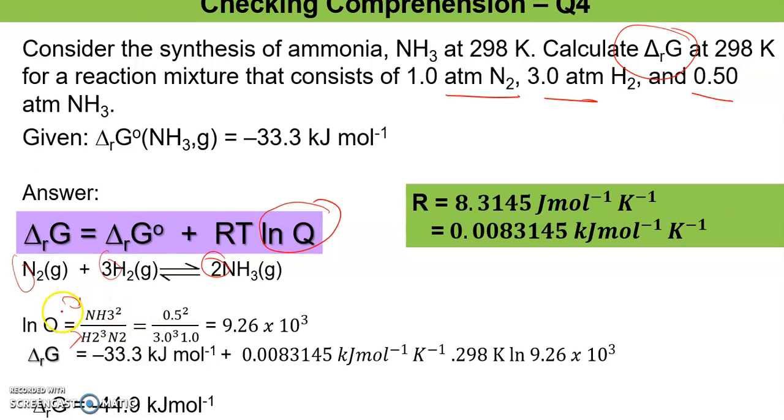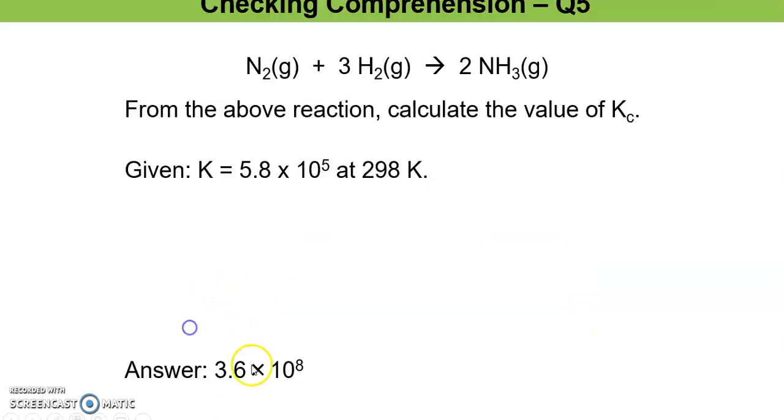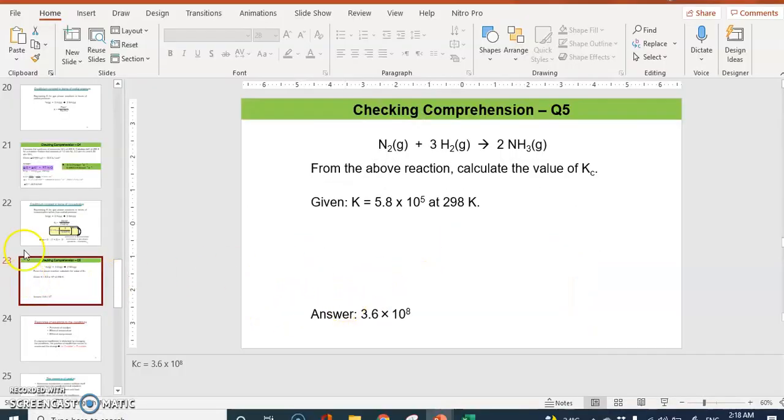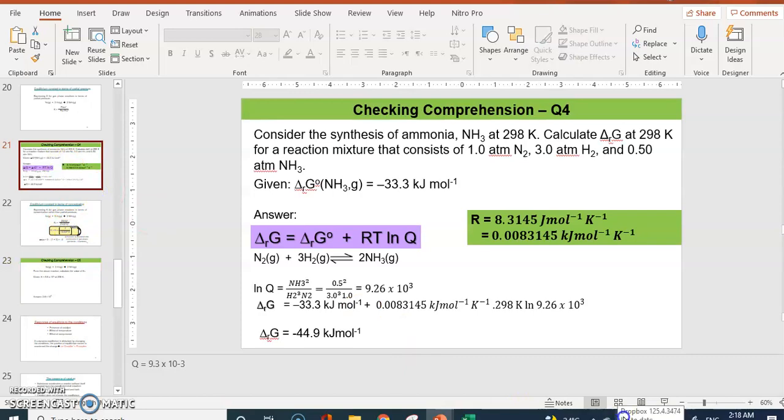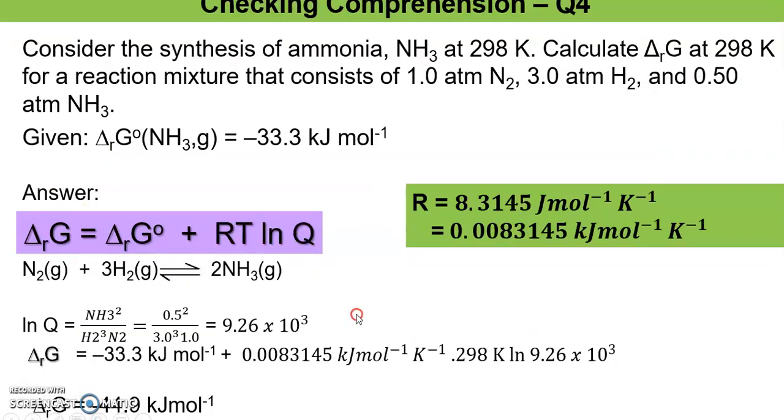And our nitrogen gas is 1, so 1 to the power of 1, so we have 9.26 times 10 to the power of minus 3. Sorry, we should have a minus here. It's not Q.